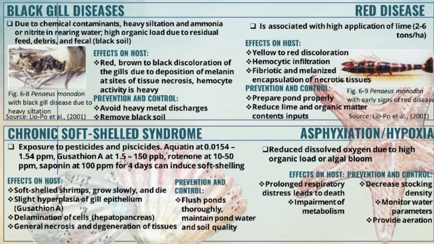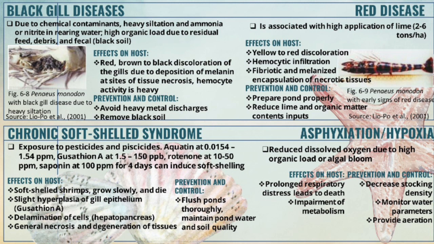So for our next disease, we have our black gill disease. This is due to chemical contaminants, heavy siltation, and ammonia or nitrite in the rearing water. Also high organic load due to residual feed, debris, and fecal matter on the pond bottom, or for example, the black soil.